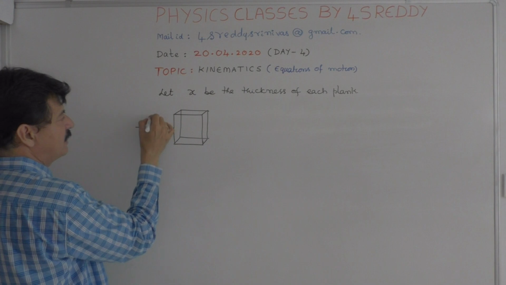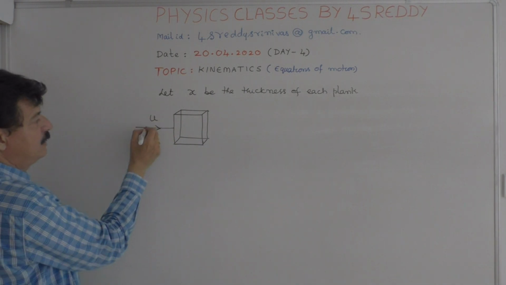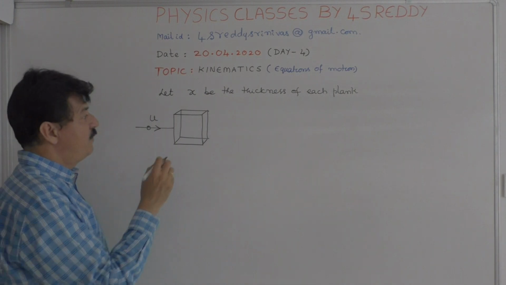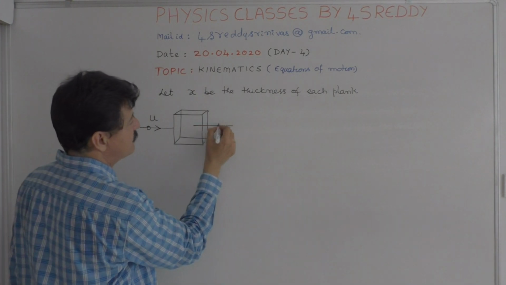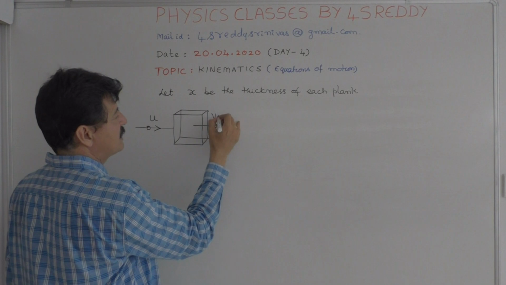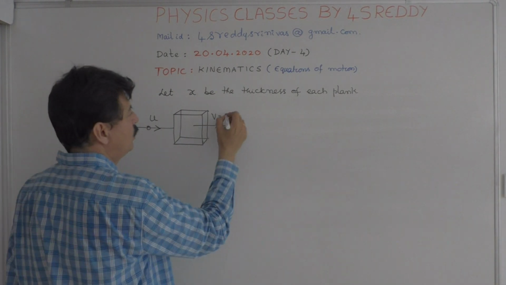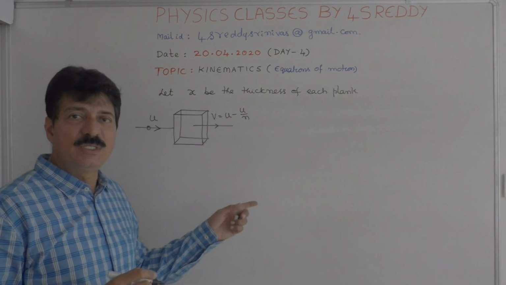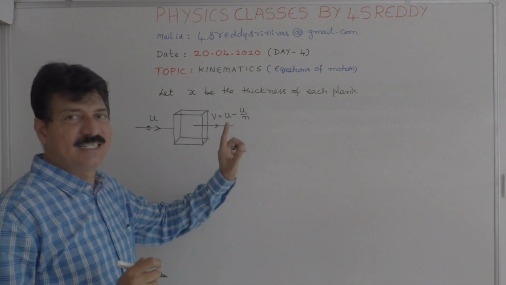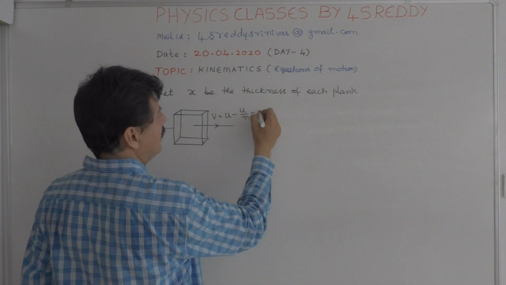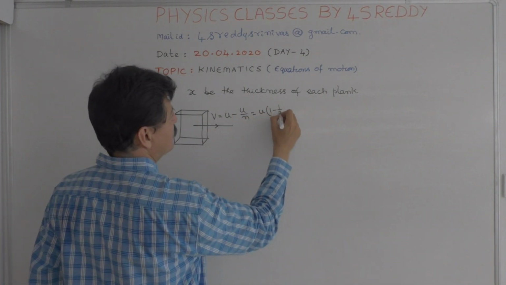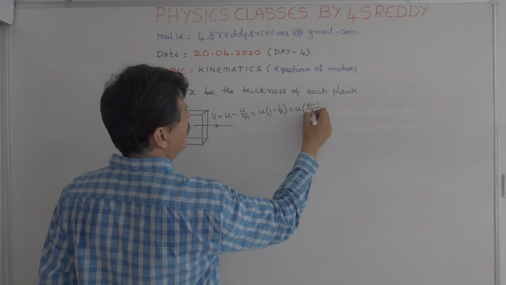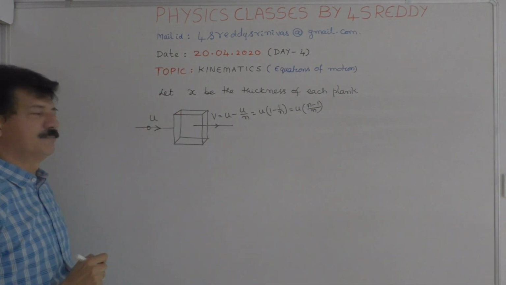This is the bullet traveling with a velocity u. Whenever it strikes this, it comes out with a velocity v, which is equal to u minus u by n, because it loses 1 by nth of its initial velocity. Therefore, you can write this as u into 1 minus 1 by n, which is equal to u into n minus 1 by n.